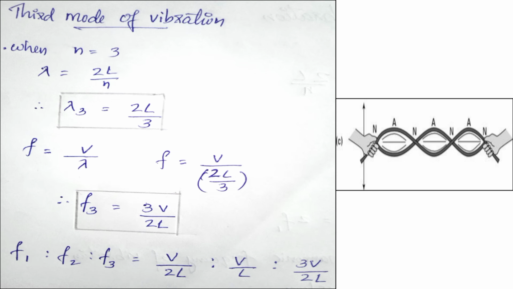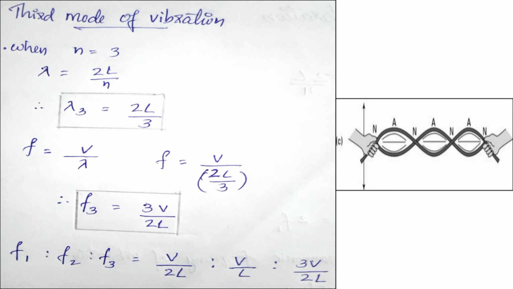In this case, the length equals 3 times lambda by 2, that is L is equal to 3 lambda 3 by 2. Hence the frequency F3 equals v by 2L by 3. Therefore, F3 equals 3v by 2L. It is the third harmonic frequency or the second overtone.